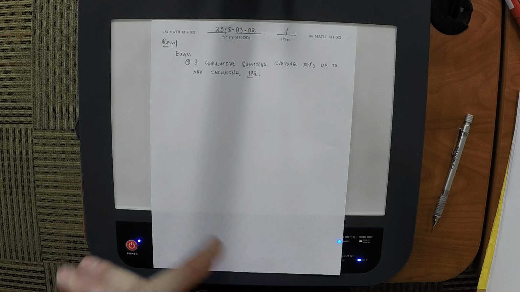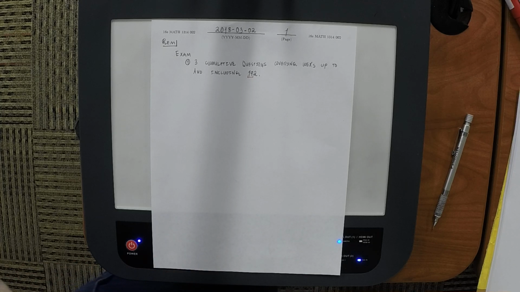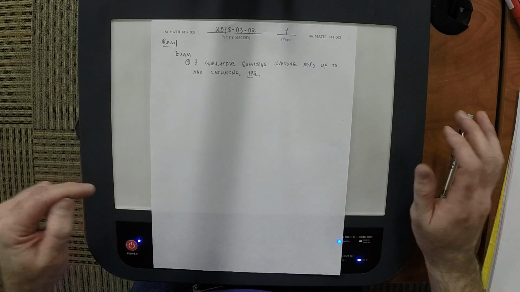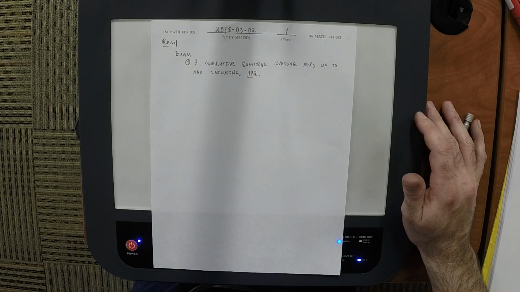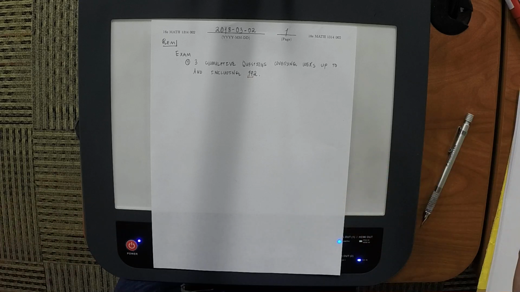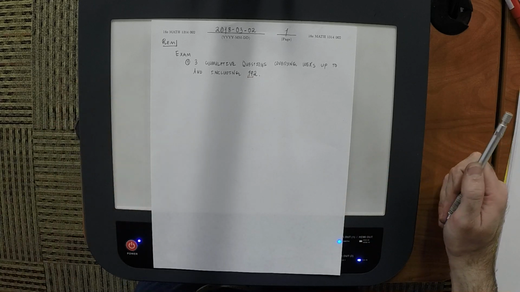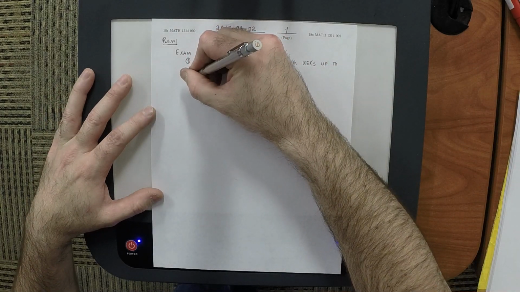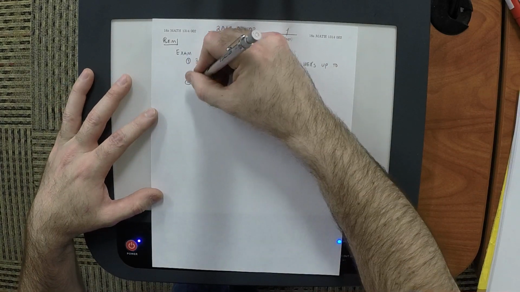The purpose of this is so that I can see if you're able to synthesize information, right? You're able to do something from task A and also something from task B and put them together, right? Because what I need to know is if you can do them at the same time and not get lost.